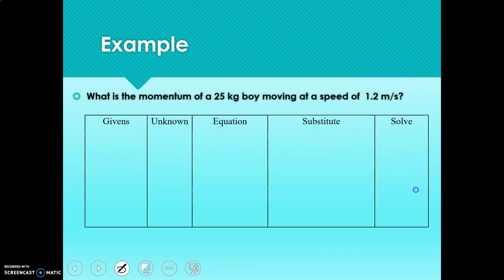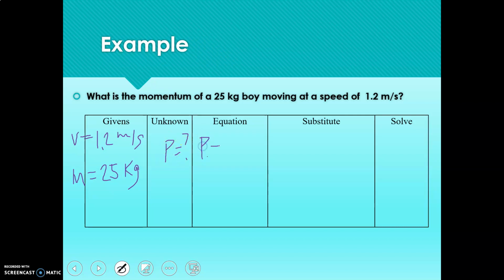All right, perfect. Next one, what is the momentum of a 25 kilogram boy moving at a speed of 1.2 meters per second? So our givens, our speed or our velocity is 1.2 meters per second. Our mass of the boy is 25 kilograms. Our unknown, well, we're looking for momentum again.